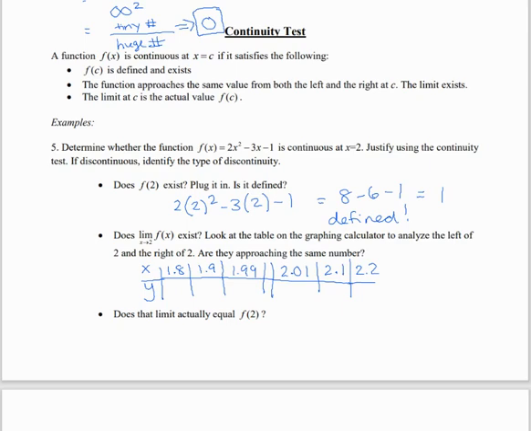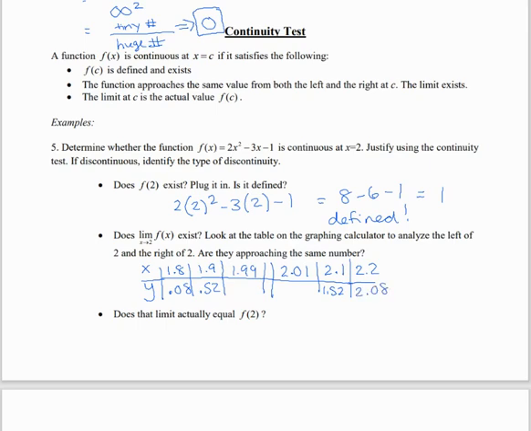But let's test that out. If I plug that equation into my graphing calculator and then plug these x values in, I get the following. At 1.8, I get 0.08. At 1.9, I get 0.52. I'm just going to jump on over. At 2.1, I get 1.52. At 2.2, I have 2.08.